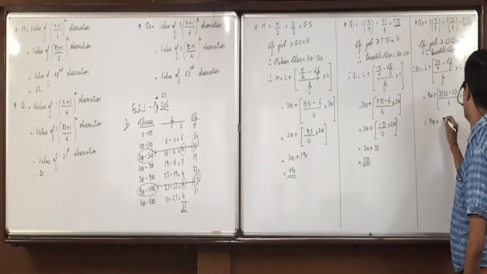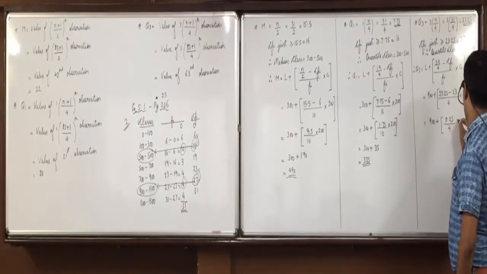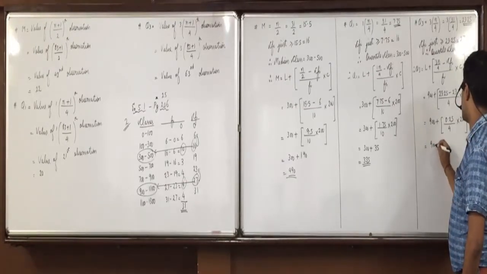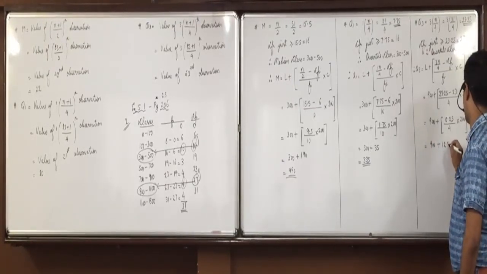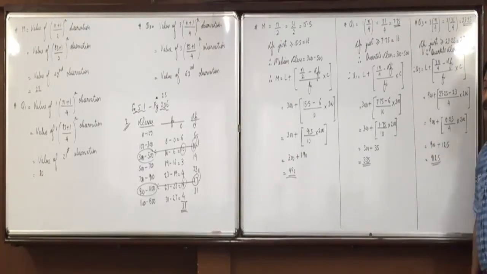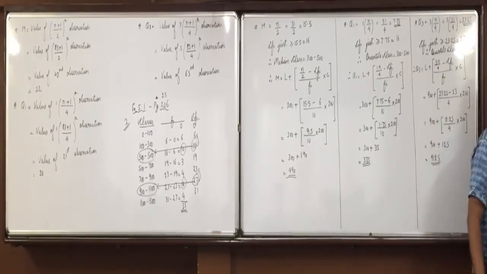So 900 plus 0.25 upon 4 into 200, 900 plus 12.5, 912.5. Okay, 0.25 into 200 upon 4 comes to 12.5. So, did everyone understand up to here? Yeah?